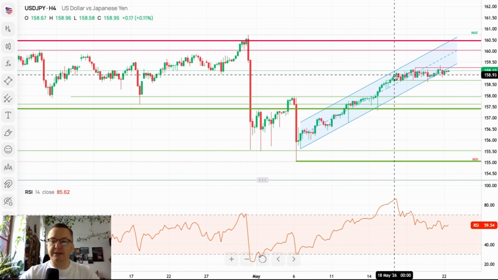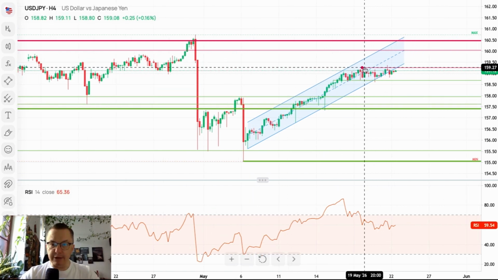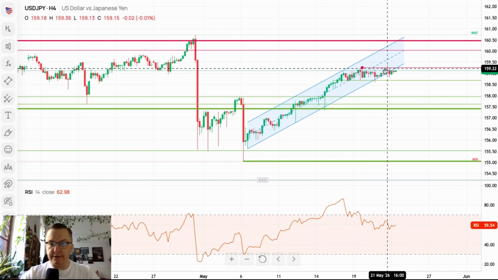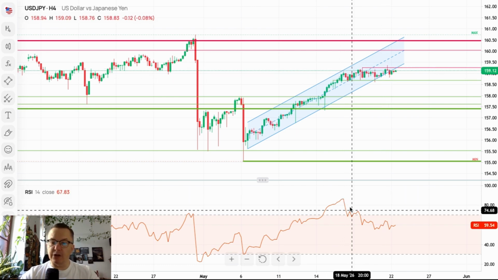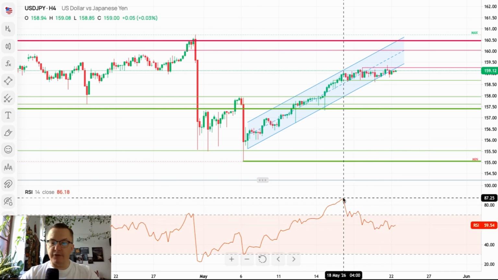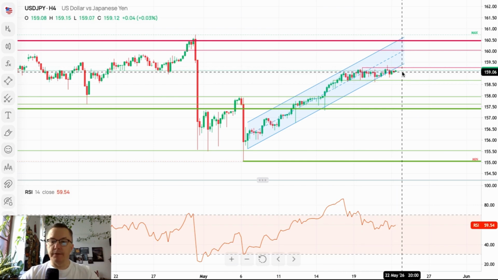US dollar versus the Japanese yen keeps moving steadily in the range. The range has been located, and you can see that the top of the range is roughly 159.36. Bottom of the range is 158.68. The momentum slowly fades away from the extremely overbought conditions, but the market doesn't actually want to go lower.